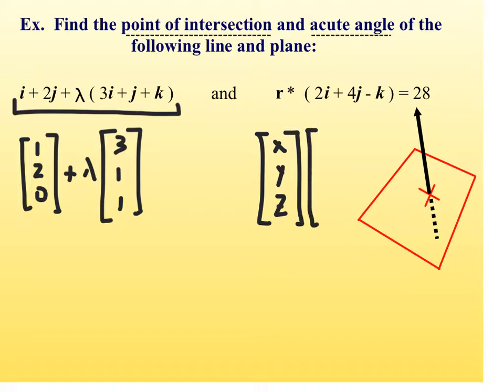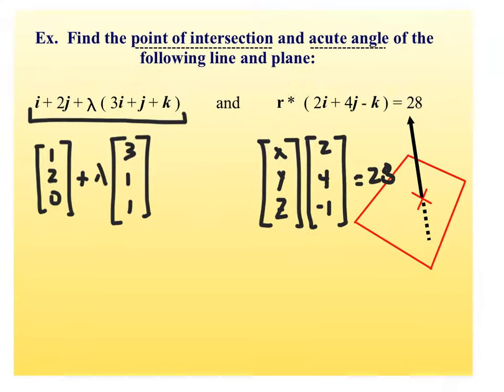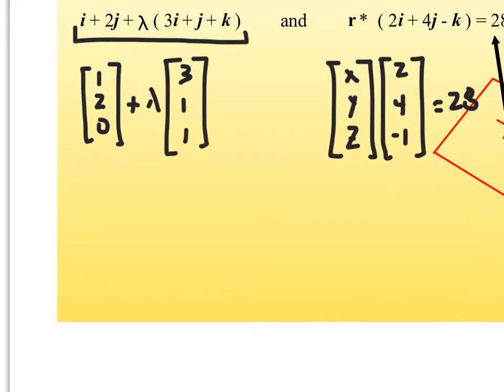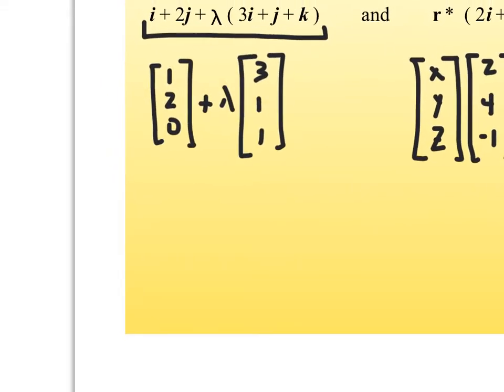dotted with (2, 4, -1) equals 28. Basically what I can do is lay this out in parametric form. This is a really fun problem for this reason.